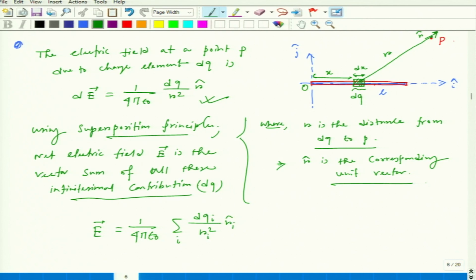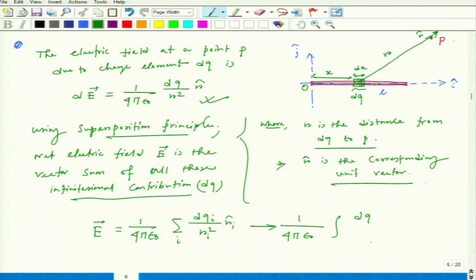this infinitesimal element is very small, such that the sum becomes converted to an integral, 1 over 4 pi epsilon naught integral over dq. Now we can use a continuous variable instead of discrete variables.